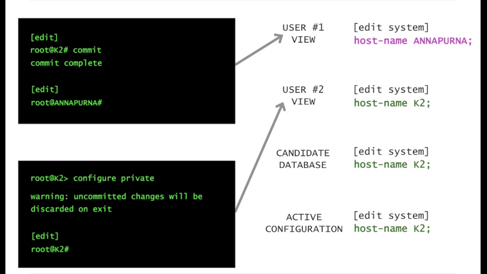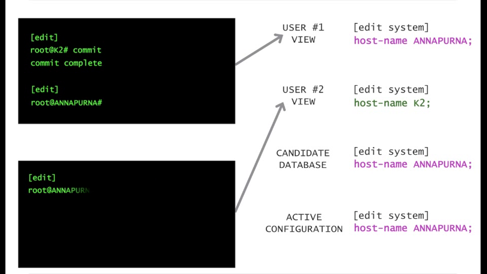In this case, both the candidate and the active configurations get the new host name. On the other hand, user 2 keeps the old private view and still sees the old host name in it. However, the prompt of both sessions has already changed to Annapurna, matching the active configuration.